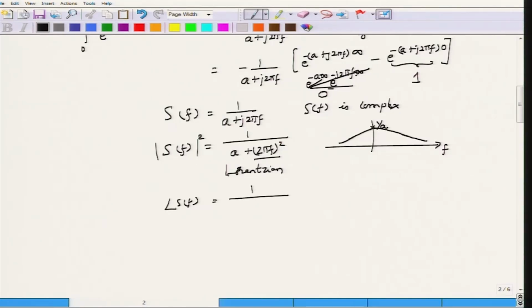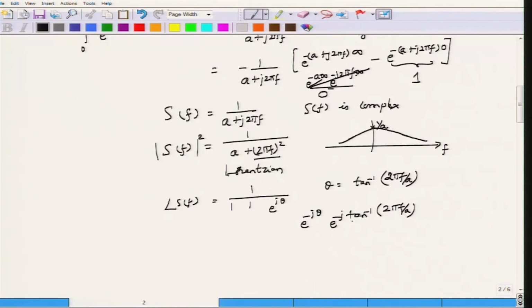Because I can represent this a plus j 2 pi f in terms of its magnitude and its phase, which I can write as e to the power j theta, where theta is equal to tan inverse of 2 pi f by a. And because this 1 by e to the power j theta is there, this will go up and become e to the power minus j theta. So, the angle will be tan inverse of 2 pi f by a, and this will be e to the power minus j tan inverse of 2 pi f by a.